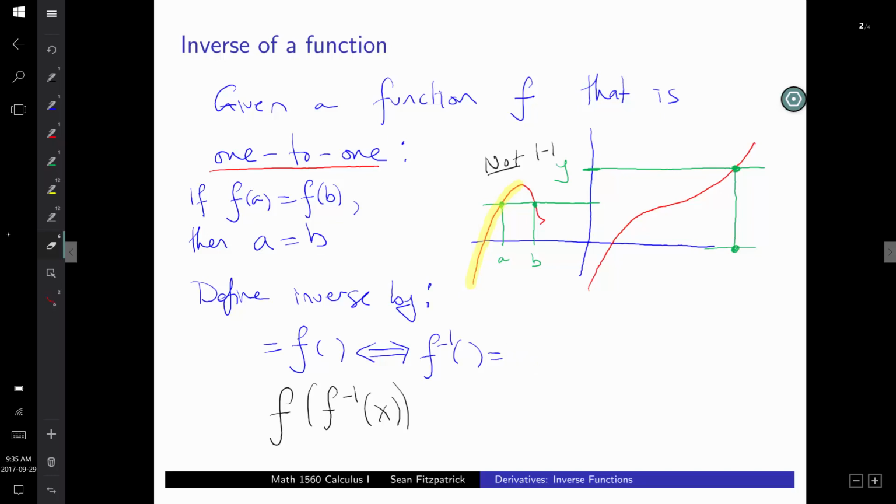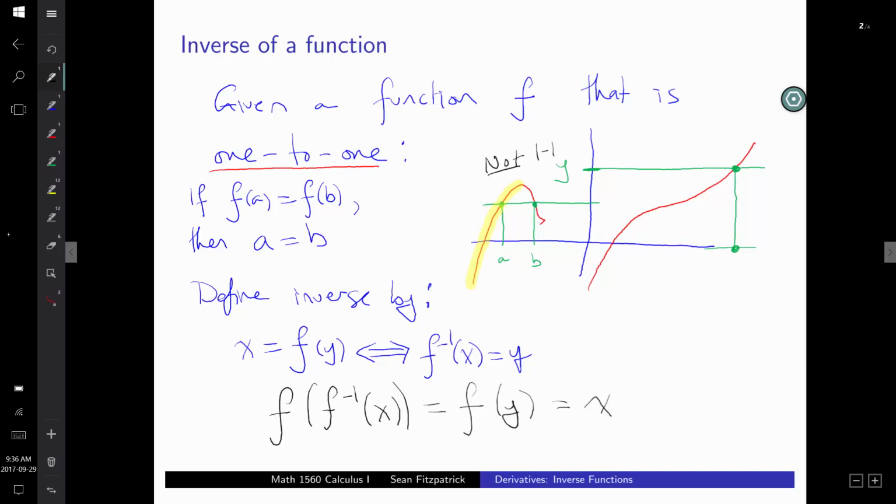So f inverse of x equals y is the same thing as saying f of y equals x. So f of f inverse of x: well, f inverse of x equals y, so that would be f of y, but my definition of the inverse says that f of y equals x. So f of f inverse of x equals x.